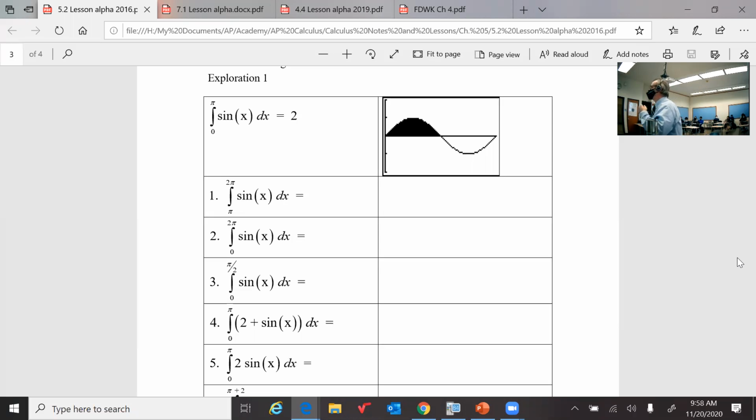So question 1 says, what would the area be starting at pi and ending at 2 pi? Then -2. Because question 1 is referring to this area. So I would say equals -2, and here's your job.